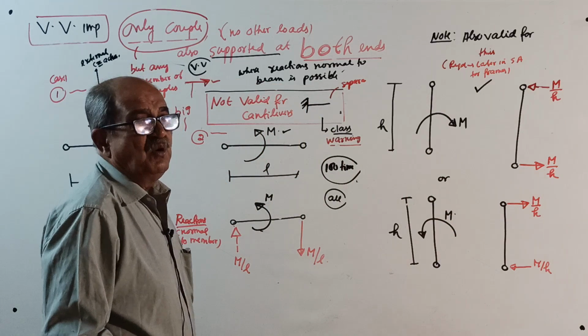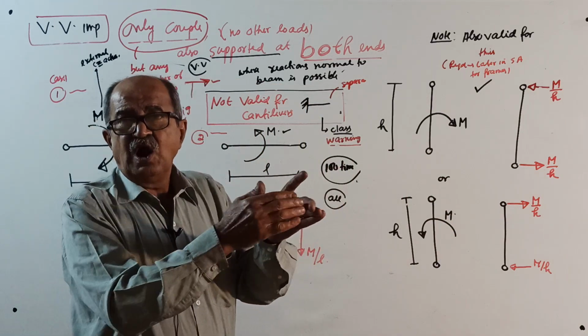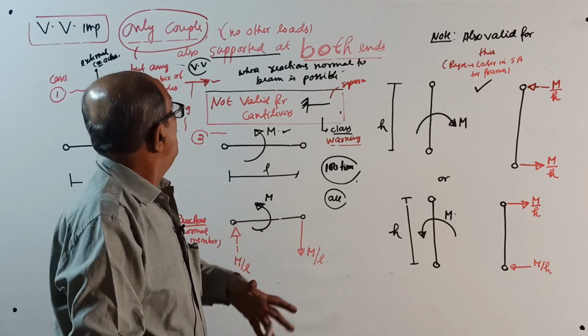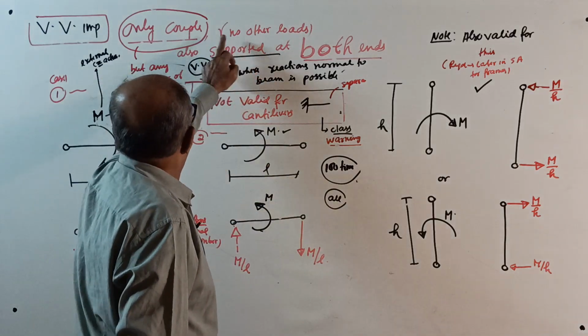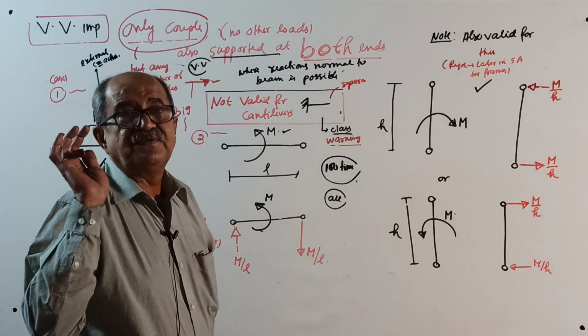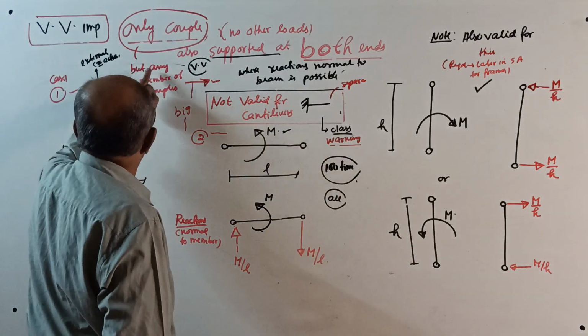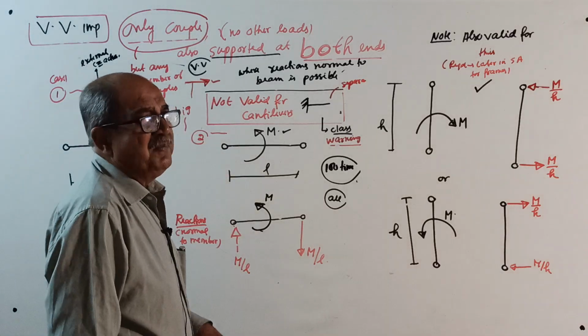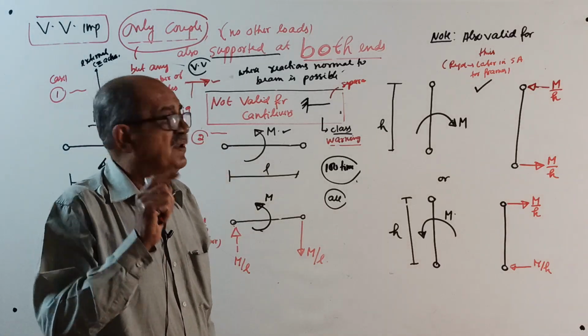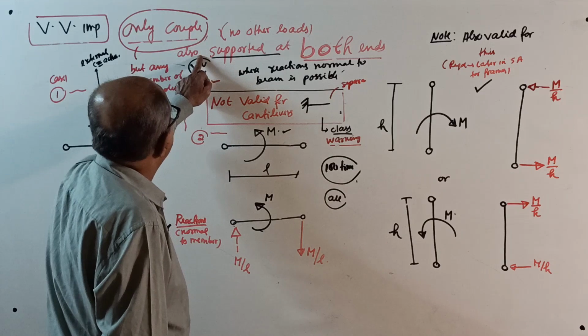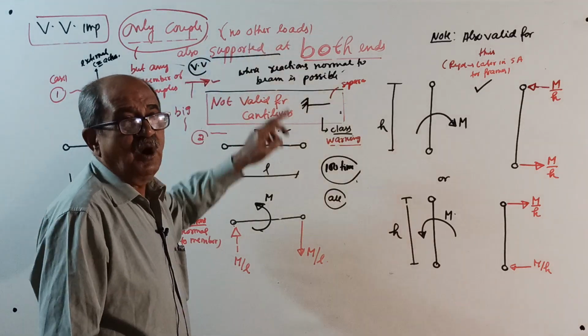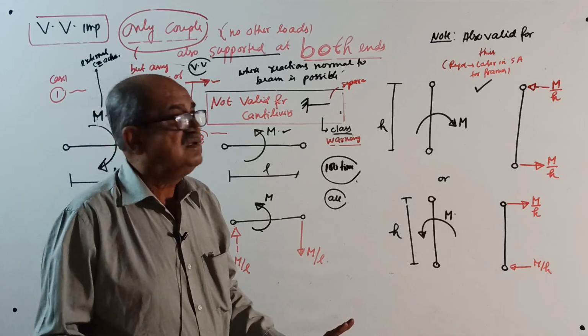We are discussing reactions normal to the member when there are only couples, nothing else. Any number of couples, no problem, but only couples. Also, no other load, point load, UDL, UVL, nothing.